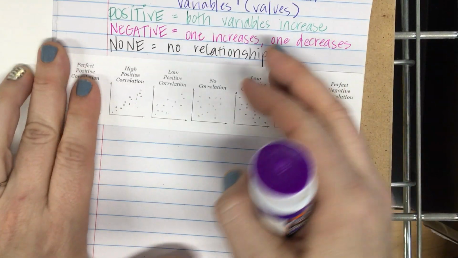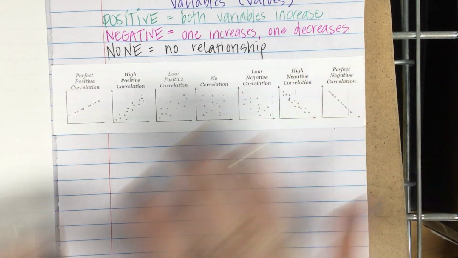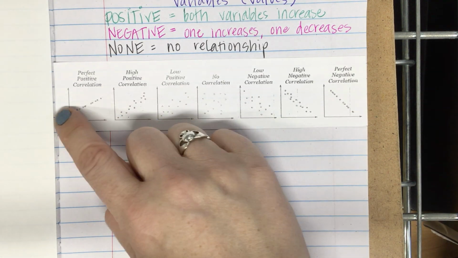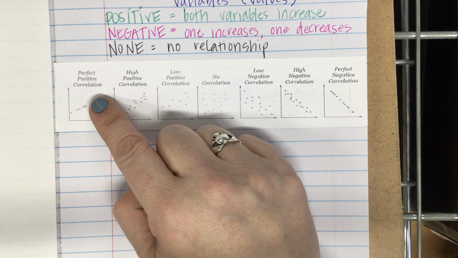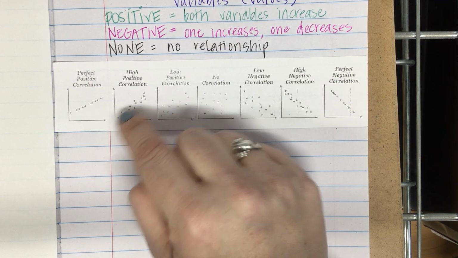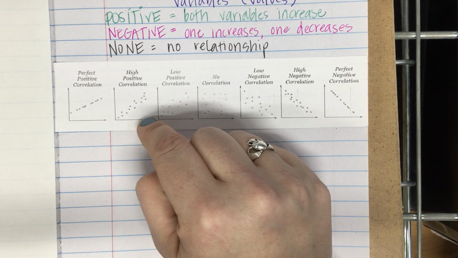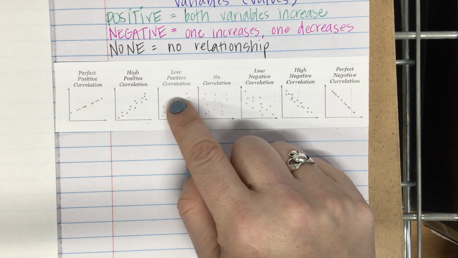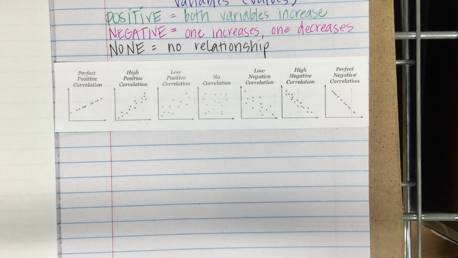These are examples. This is perfectly positive. It just makes a straight line. That rarely is going to happen with your data. This is a positive correlation because they both increase. As they increase, this increases. This is a little more scattered. It's not as perfect, but there is a correlation.